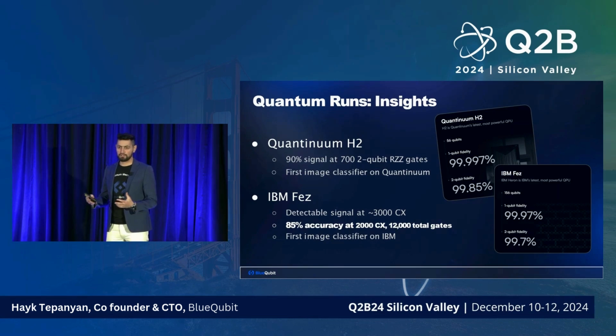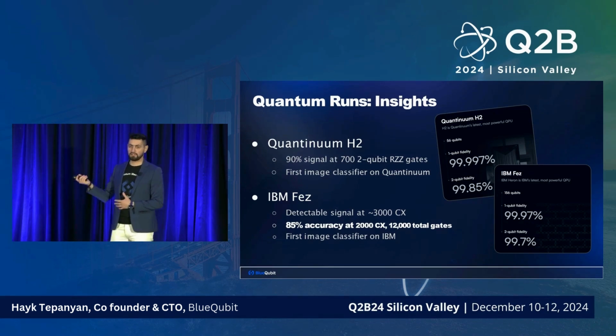To our knowledge, these experiments were the first ever real-world image classification done on quantum hardware, and we got pretty good results on par with early-stage classical algorithms.